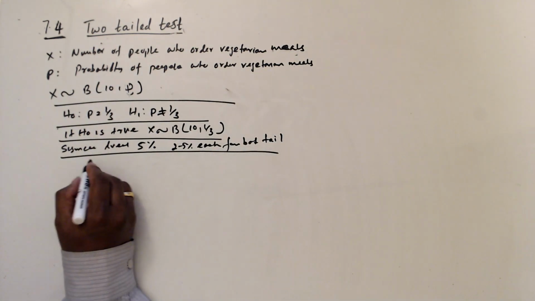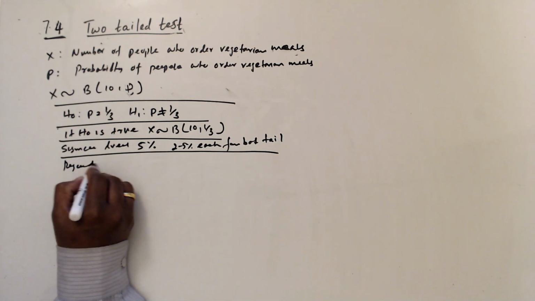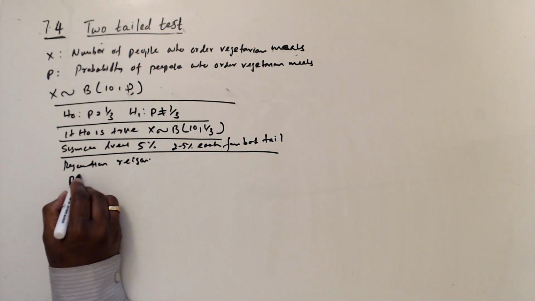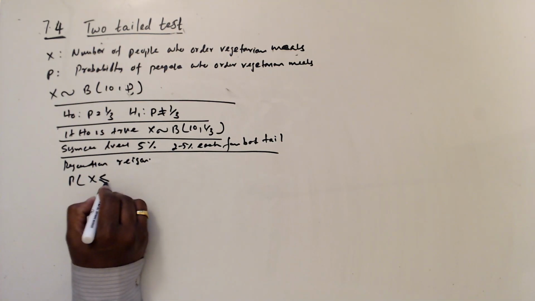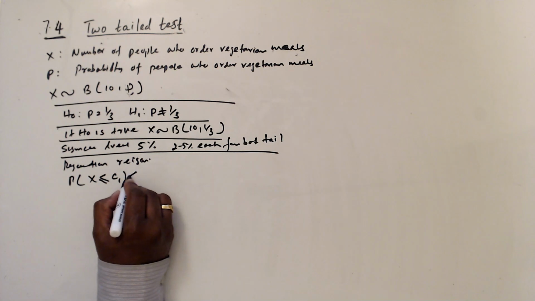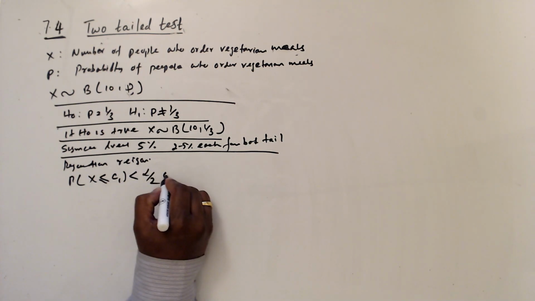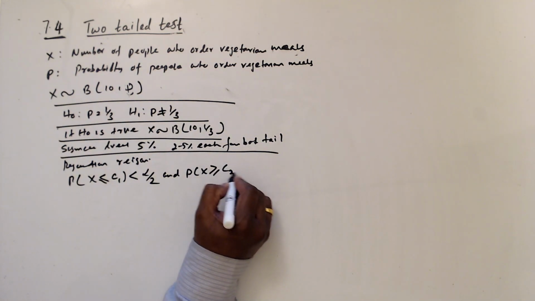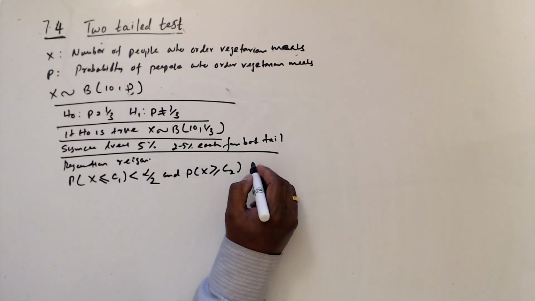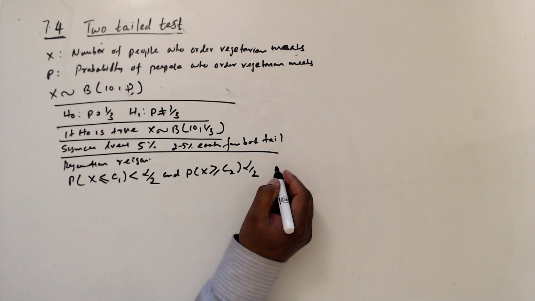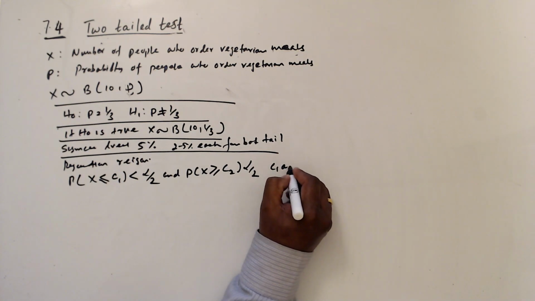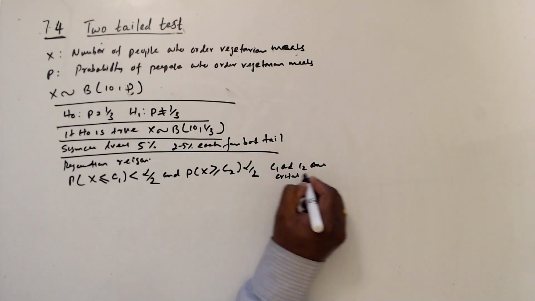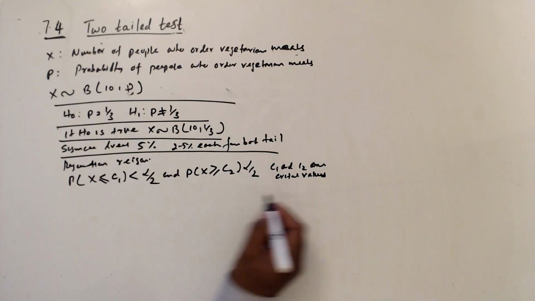Then the rejection region: probability of X less than or equal to c1 is less than alpha by 2, and probability of X greater than or equal to c2 is alpha by 2. So c1 and c2 are critical values.